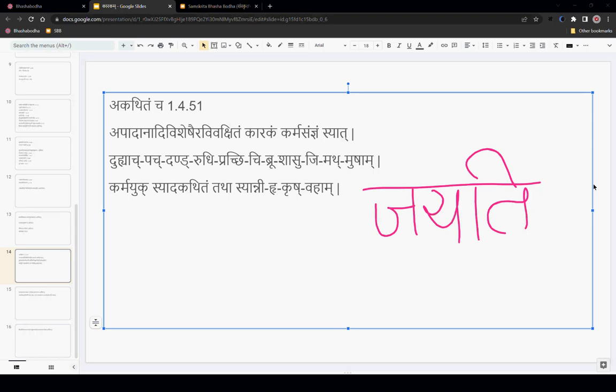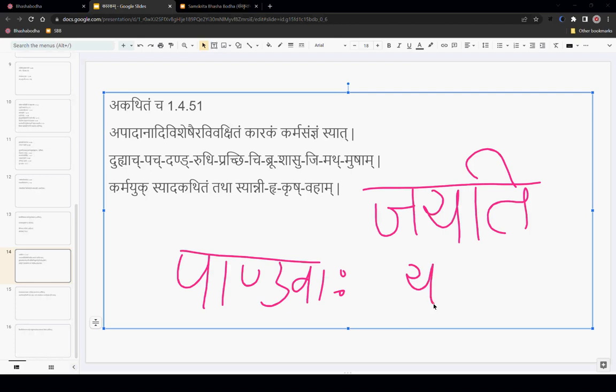So we'll take a simple example. Singular, ekavachanam. So if you want to just say, in that case also, Pandavah yuddham jayanti is one way, but whom are they actually conquering? Kauravas.